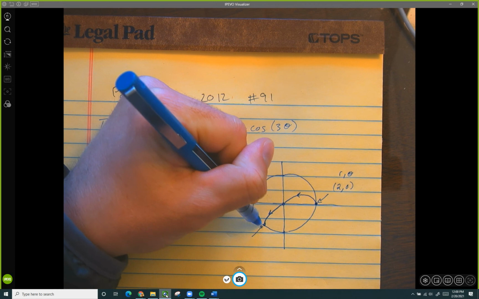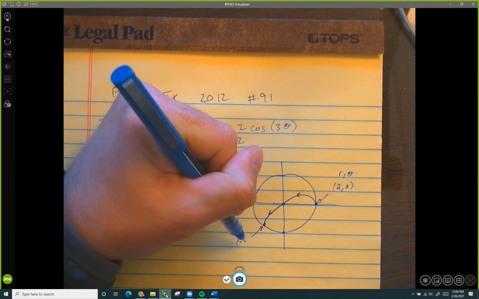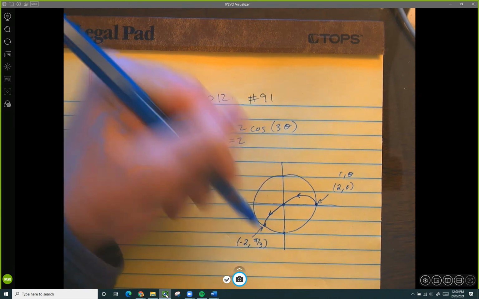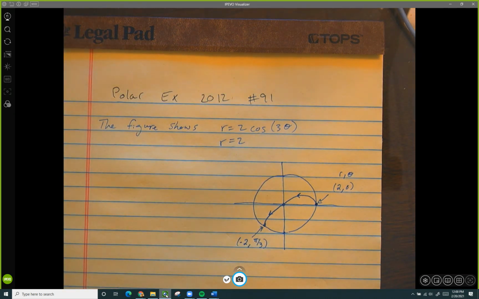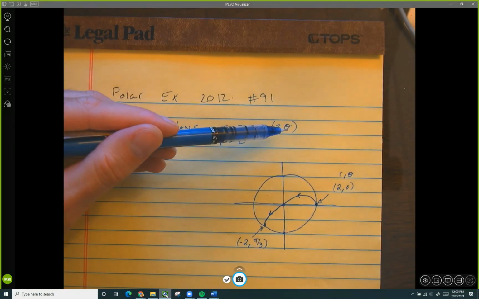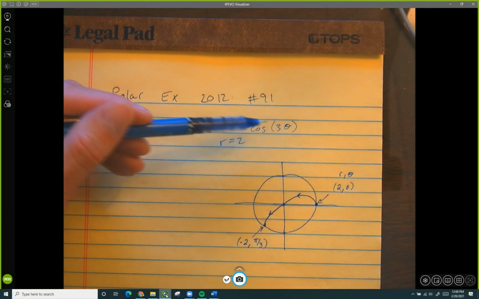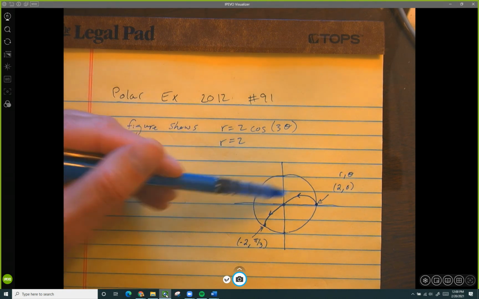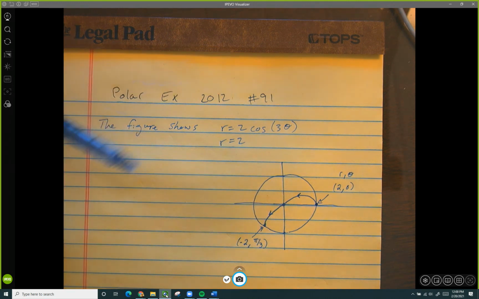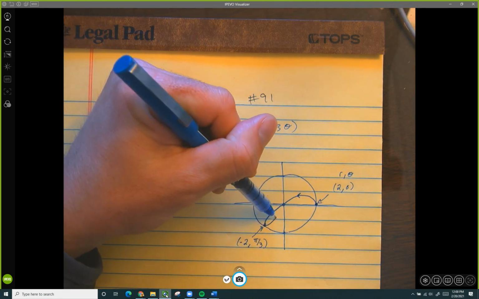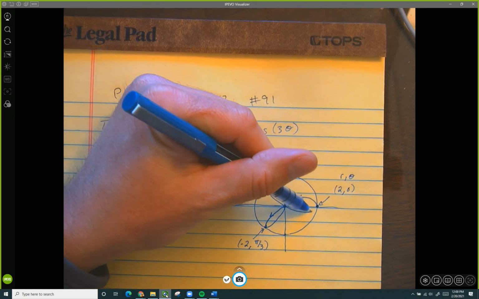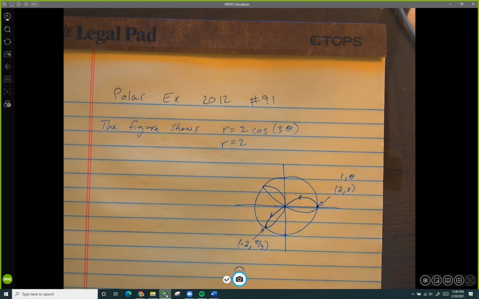This point right here is (-2, π/3). Again, because if we plug in π/3, we get 3 times π/3, which is π. Cosine π is -1, so r is -2. Whenever you get a negative value for r, you go in the opposite direction. Then it curls back around, hits this point, and gets back to where it started and just continues to loop along there. That was not a great drawing, but it's going to have to do.